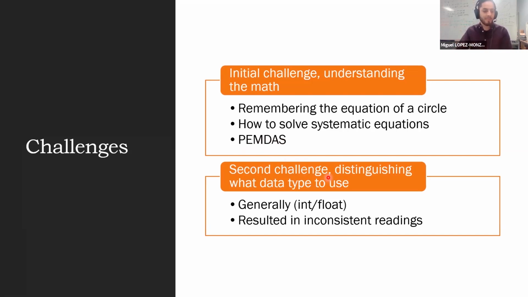We'd get zeros where we weren't supposed to get zeros. We'd get really big numbers when we needed a 0.0-something value. So being able to distinguish that is probably a challenge that I have and will probably have in the future. But it's something that I can work on and know that I will understand someday. And it's something I understand now. It's just when to use it.